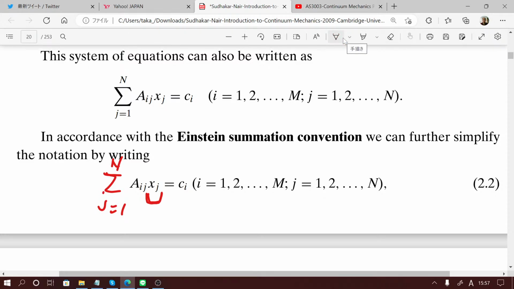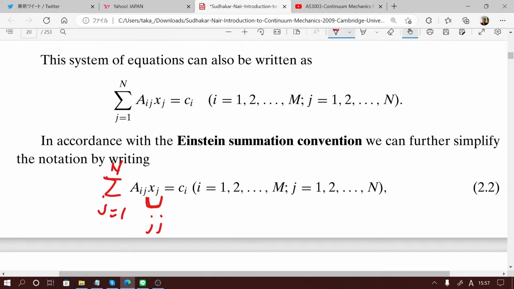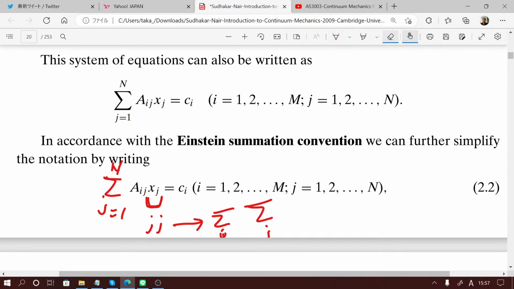If you have an index twice, like jj, this implies summation. If you have the same symbol twice, it implies summation over that symbol.